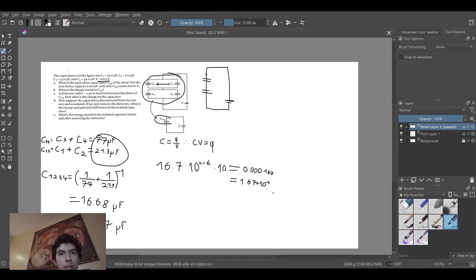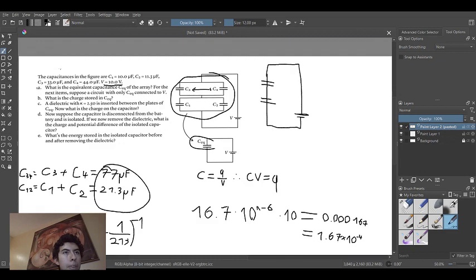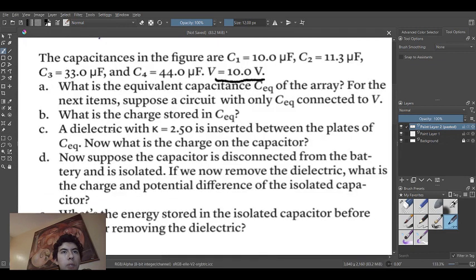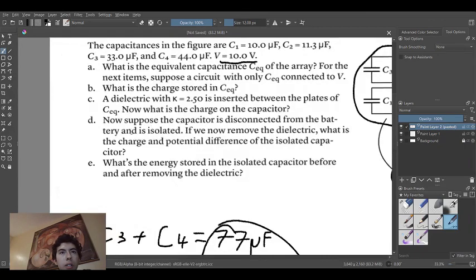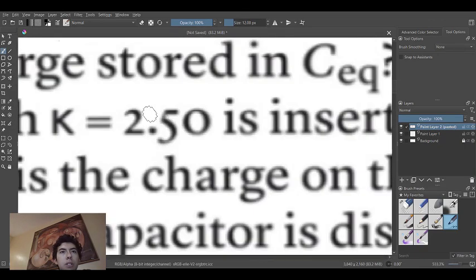Okay. Now, a dielectric with K 2.5 is inserted between the plates. What is the charge? The dielectric is essentially just a multiplier.